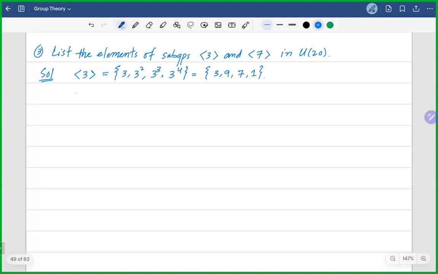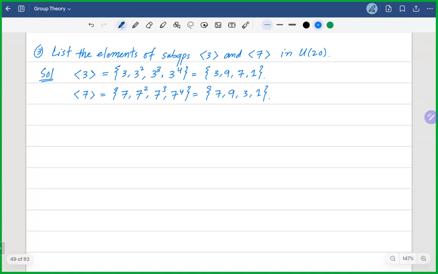Okay? And 7, it should be 7, 7 square, 7 cube, 7 power 4, and that is going to be 7, 9, 3, 1. Okay.